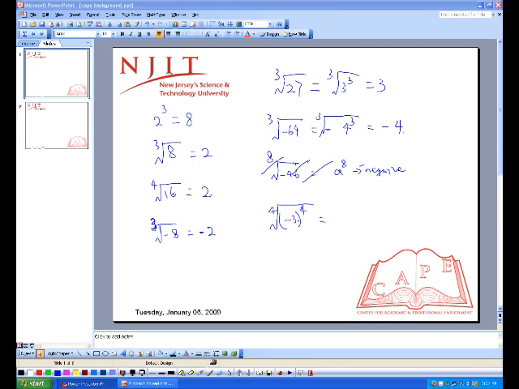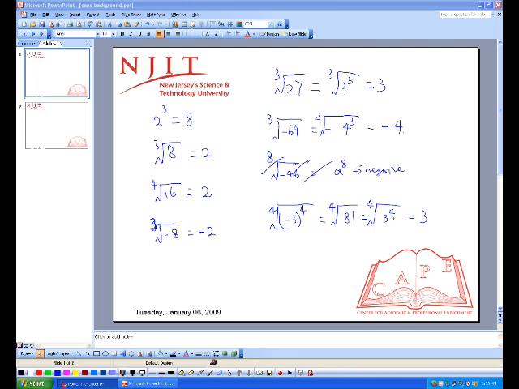After you do that, you don't have a negative number anymore, right? Because negative 3 taken to the fourth power is equal to 81, and 81 is not a negative number. You can write it as 3 to the fourth power, which means the answer is going to be 3. Okay?